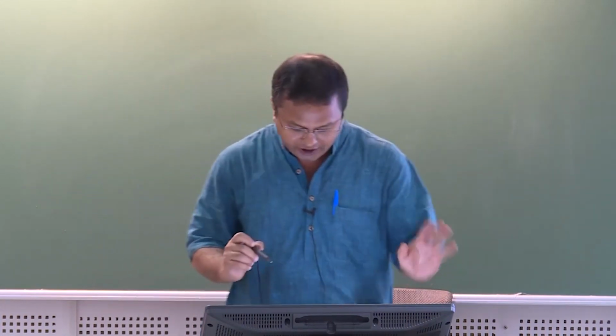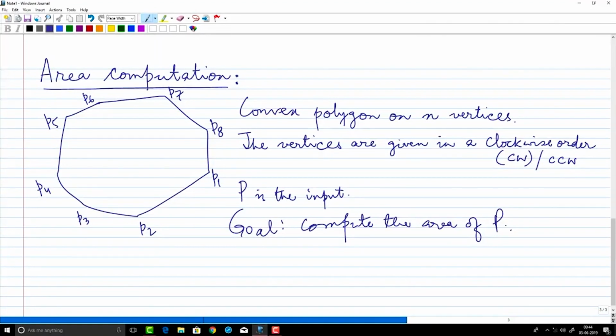Let us define what is a convex body. A geometric convex body is one in which if you take any 2 points inside the convex body and join them using a line segment, then this line segment should be completely contained inside the convex body.